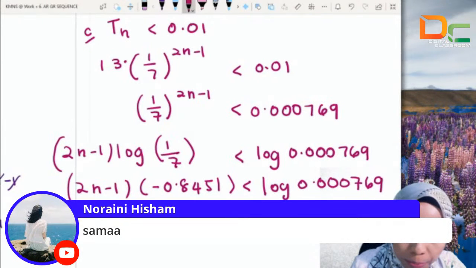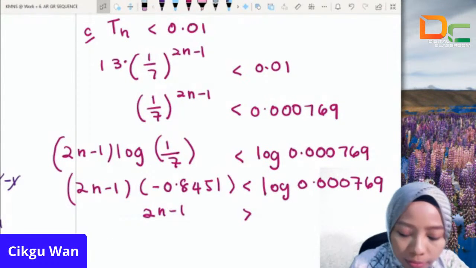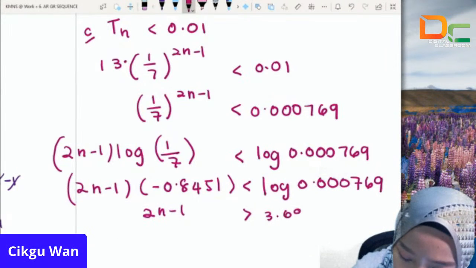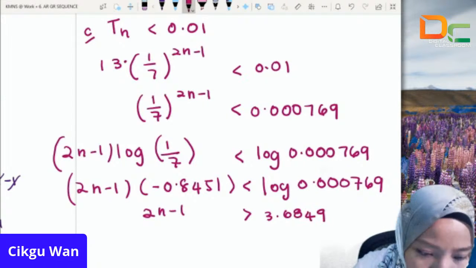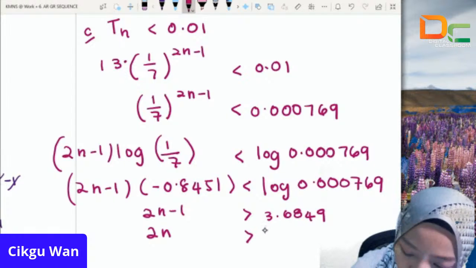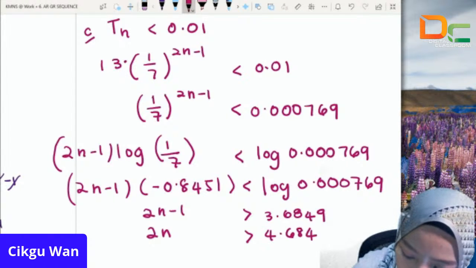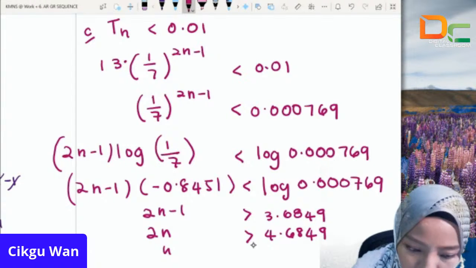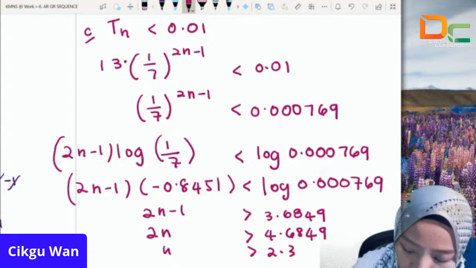Berapa ni? Dapat 3.6849. Betul? Okay, so 2n equals 4.6849. So when you divide by 2, n will be 2.3424.